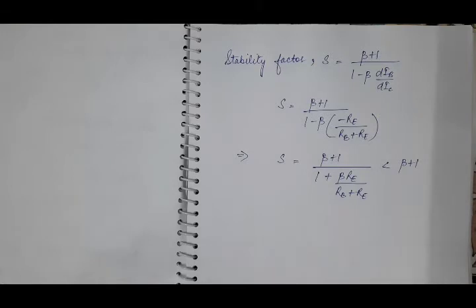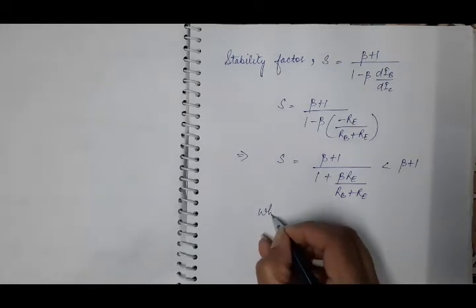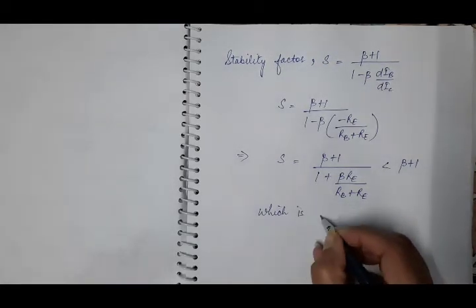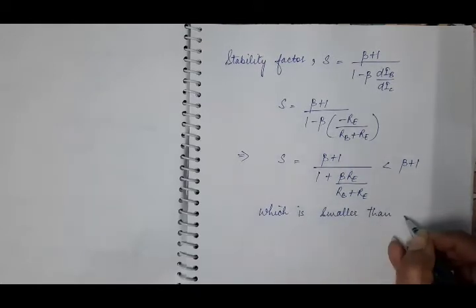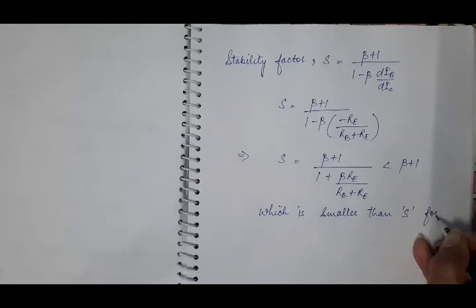Therefore this base bias with emitter feedback circuit is more stable than the fixed biasing, which is smaller than S for fixed biasing.